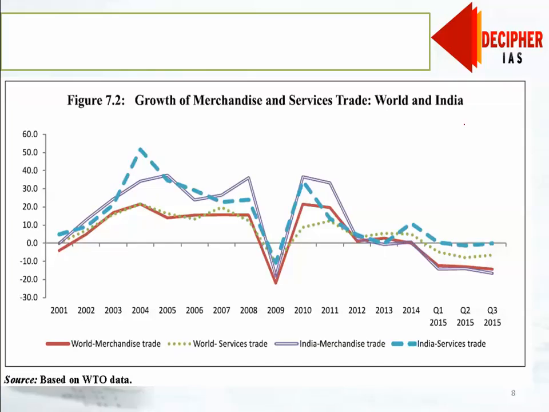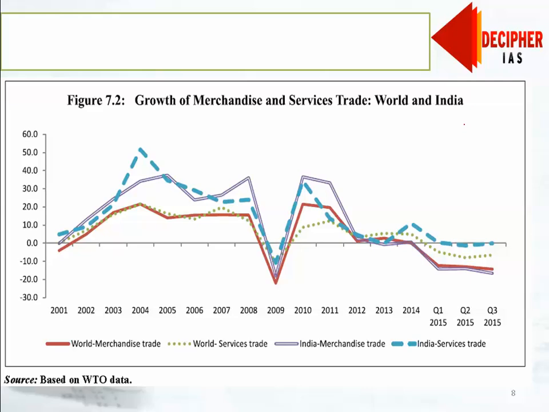Now as per the World Trade Organization data for 2015, services trade growth has been in negative territory for most quarters, because the Economic Survey is only mentioning three quarters, as it was released on Feb 28, so it mostly covers till three quarters of the year 2015-16.